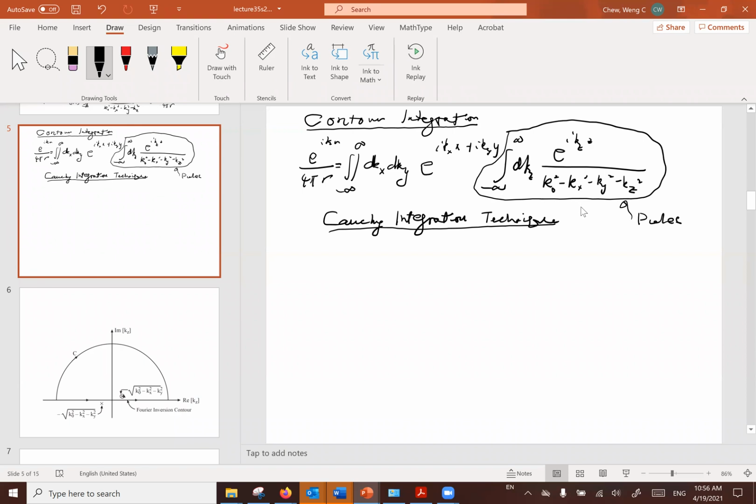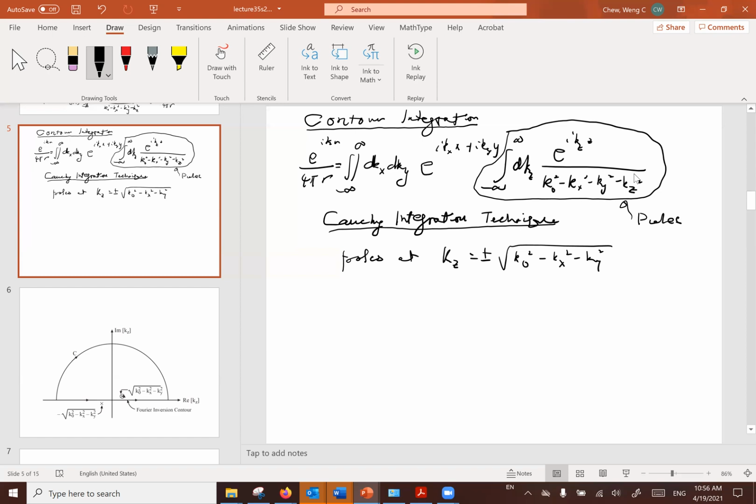And you can easily show that there is a pole at kz equal to plus or minus the square root of k0 squared minus kx squared minus ky squared, right? I think you can solve this in your head quite easily. When kz equals this value, plus or minus, then the denominator will go to 0, indicating that a pole exists.